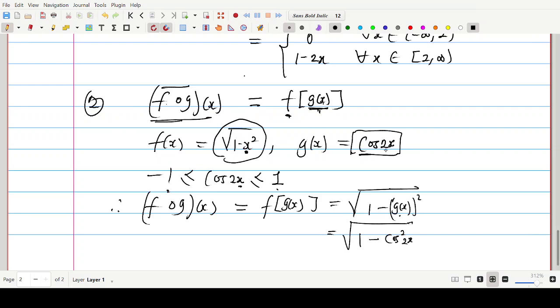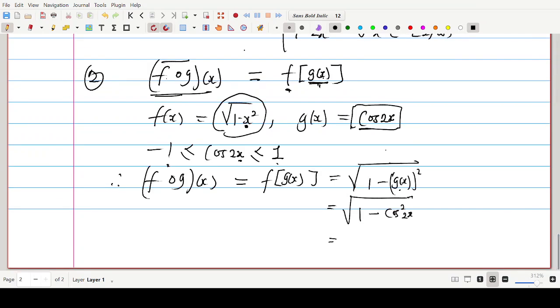Can you see that? And from basic trigonometry, this can be simplified as sine squared 2x. And the result of this is sine of what? 2x, which can also be written as 2 sine x cos x. And this is the composition of f and g in this particular scenario.